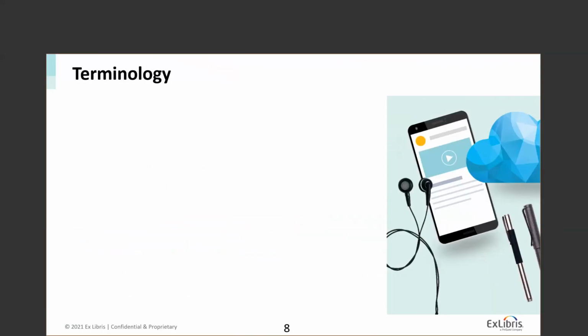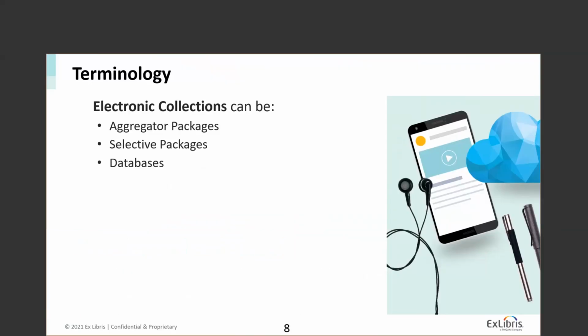So first, let me give you a couple of these terms. We use the word electronic collection to describe something that you might call, or a vendor might call, a package or a database or something like that. In Alma, there are 3 different types of collections: the aggregator package, the selective package, and the database.